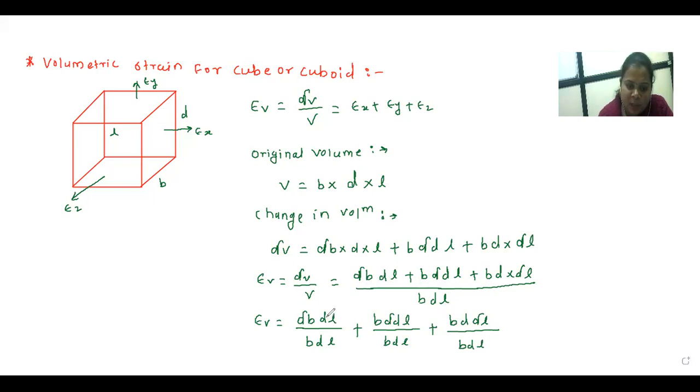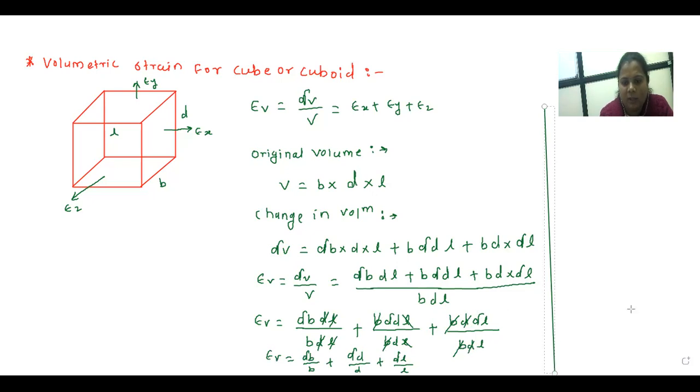Here D gets cancelled, L gets cancelled. Here B gets cancelled, L gets cancelled. Here B gets cancelled and D gets cancelled. So epsilon V is equal to what is remaining: del B upon B plus del D upon D plus del L upon L. So that much part is remaining.